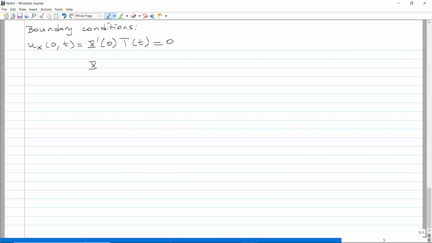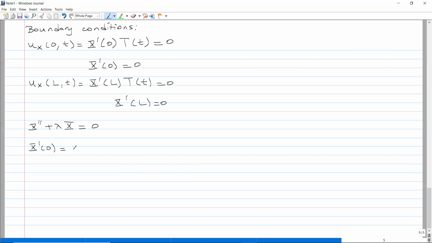So we have X prime 0 equals 0. And similarly, from the other boundary condition, X prime L times T of t equal to 0. So from here, we get X prime L equal to 0. So we have the boundary value problem, X double prime plus lambda X equal to 0, X prime 0 and X prime L equal to 0.